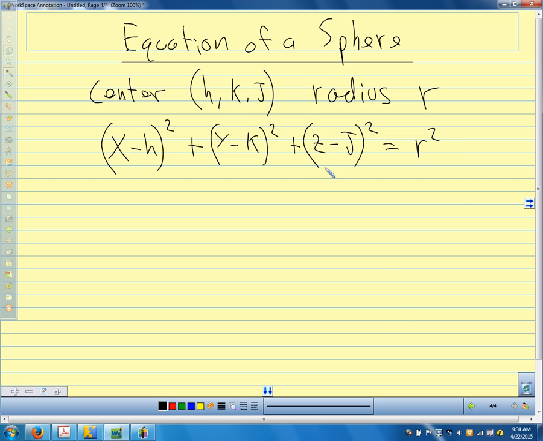So just like the other equations, we just add a piece for the z component. So nice, easy, something that we're used to working with. And the points that we're talking about on the sphere are just on the surface of the sphere. It's not the part inside, it's just the surface.